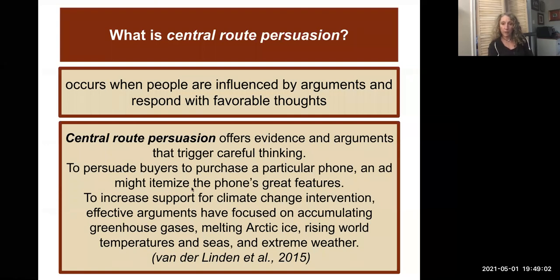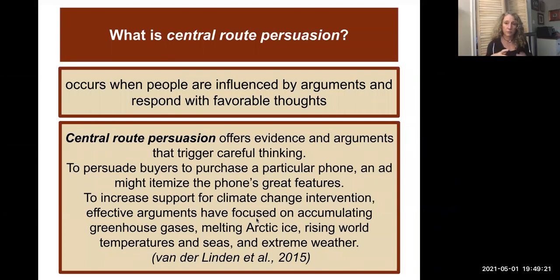An ad might itemize the phone's greatest features. To increase support for climate change intervention, effective arguments have focused on accumulating greenhouse gases, melting Arctic ice, rising world temperatures and seas, and extreme weather. All right, so you see how this is more about the specific arguments that have to do with the specific topic.